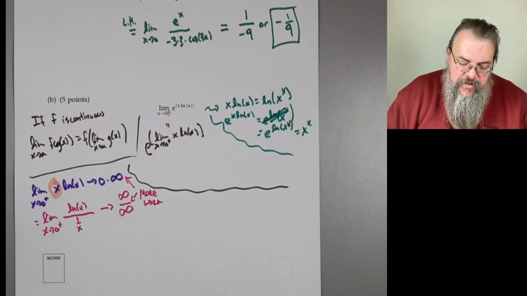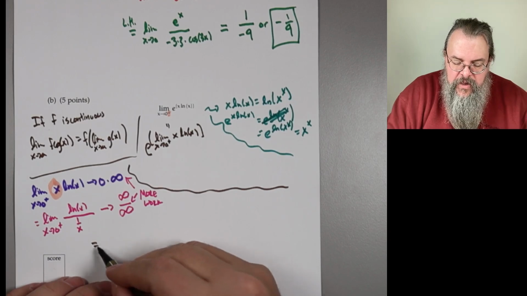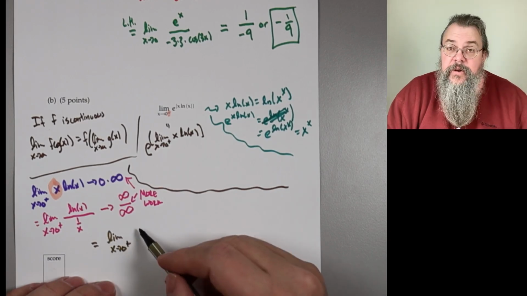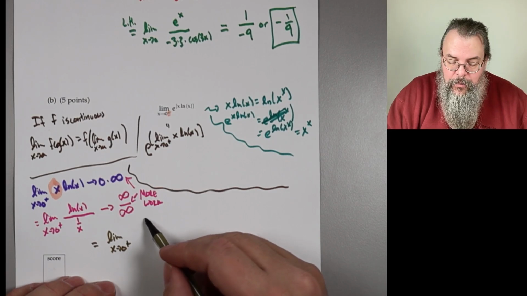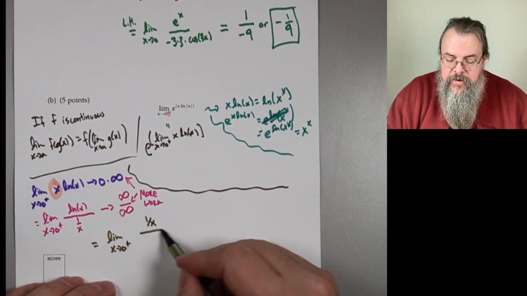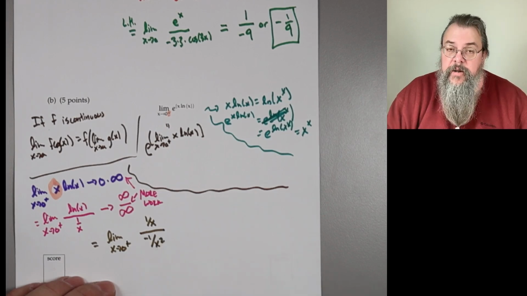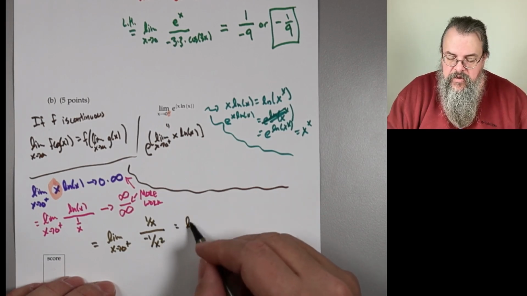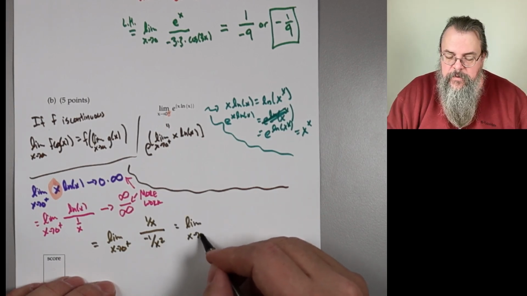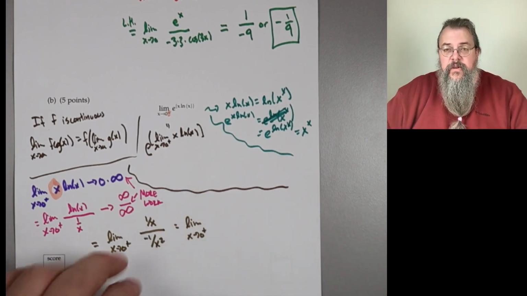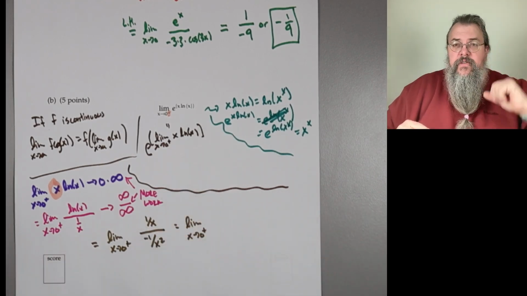We have that this is going to be equal to the limit as x goes to 0 from above, the derivative of log of x, 1 over x, over the derivative of 1 over x, minus 1 over x squared. Well, that's the limit as x goes to 0 from above of, move this back upstairs, so it's 1 over x squared, boom, x squared.